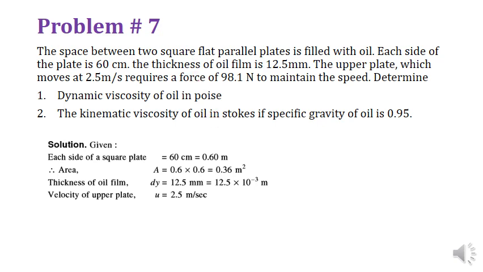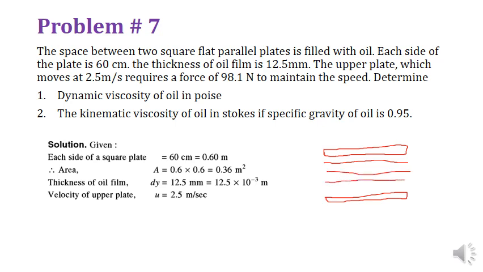Again, if you draw the system, that will be easier for you. If you draw the system, you have one plate at the bottom, again the same system, and the second plate at the top. This is going to be filled with an oil, that is the fluid.